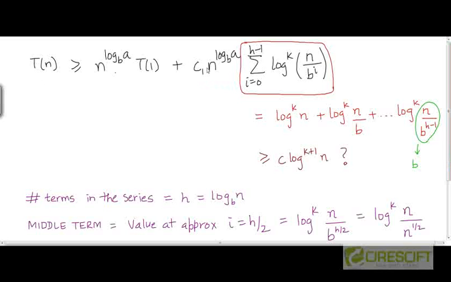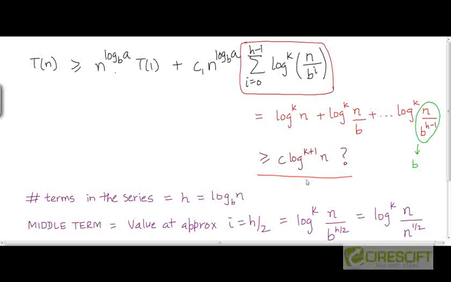So I've copied the same expression from the last line of the previous page here. We'll be focusing only on this summation here, and we'll try to prove that this summation is greater than or equal to some constant multiple of log to the power k plus 1 of n.